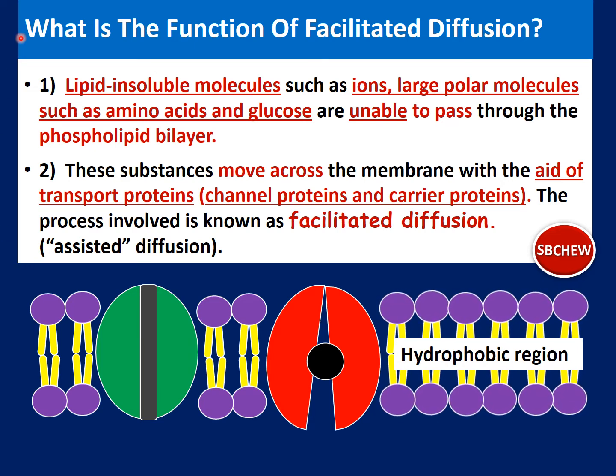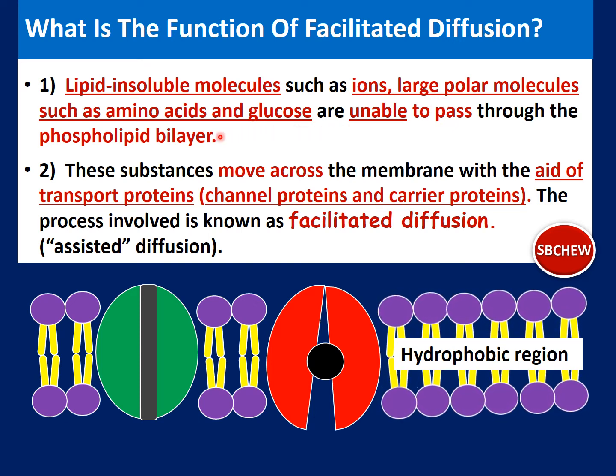But what about the lipid insoluble molecules, such as the charged ions, and large polar molecules such as amino acids and glucose? They are all unable to pass through the phospholipid bilayer. And if it's a polar molecule, it has uneven distribution of charges, so there'll be one end that's negative and one end that's positive.